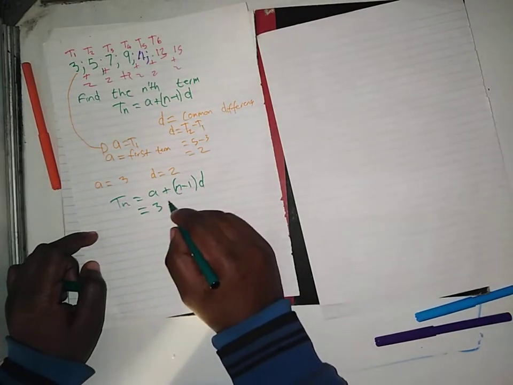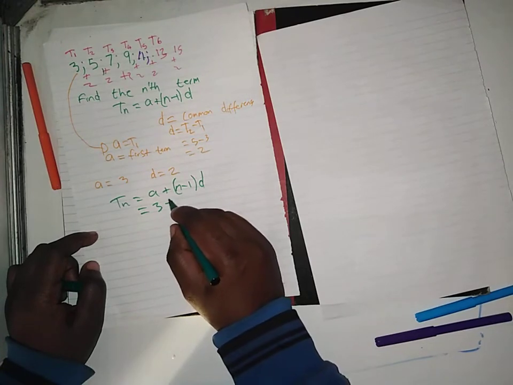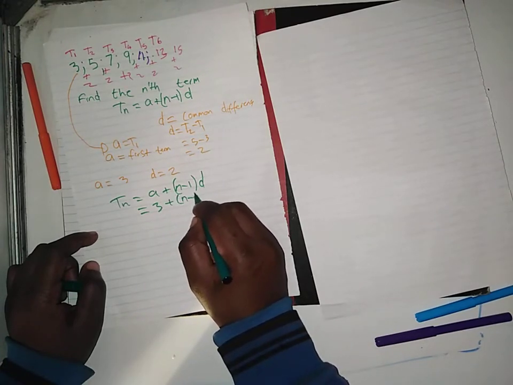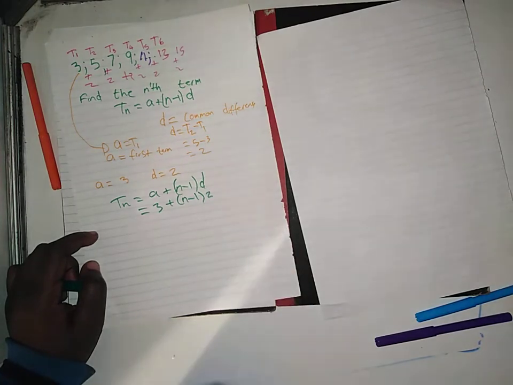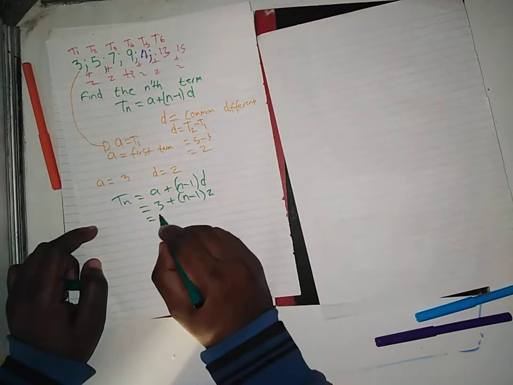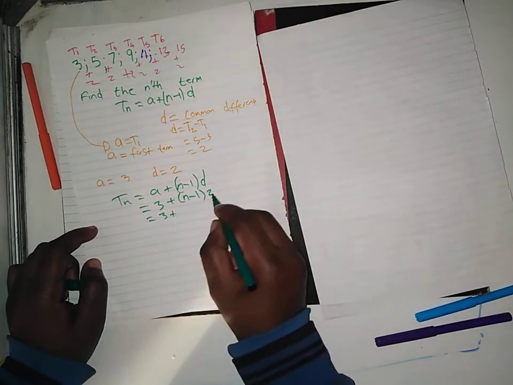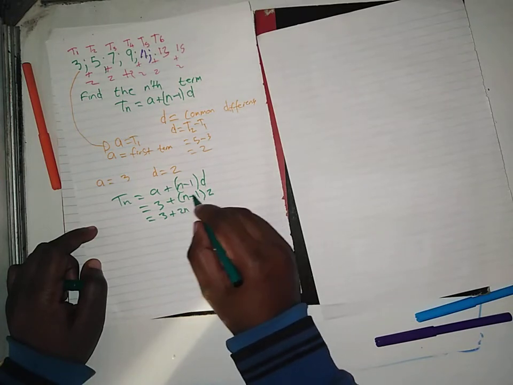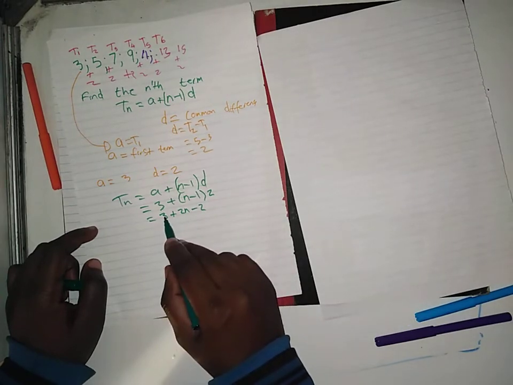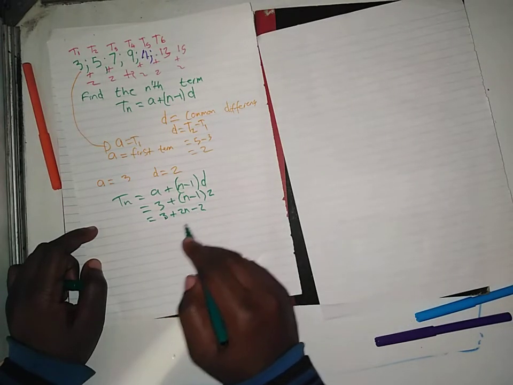In place of d, what do you put? You put 2. So plus n minus 1, and in place of d you put 2. Then simplify. When you simplify, you will get 3 plus 2 times n, which is 2n, and then 2 times minus 1 is minus 2, and then 3 minus 2 is equal to 1.